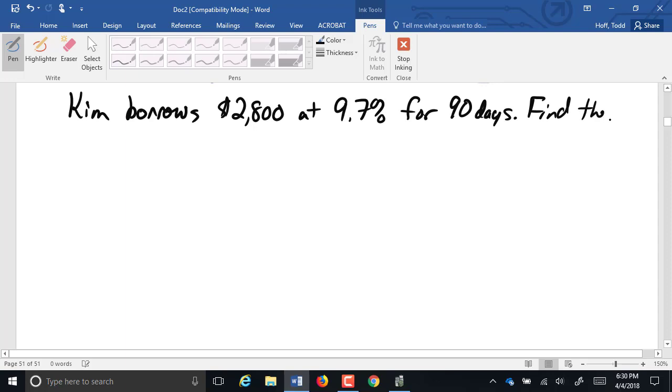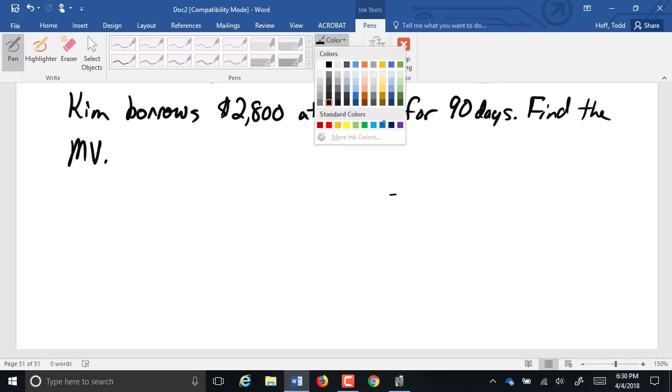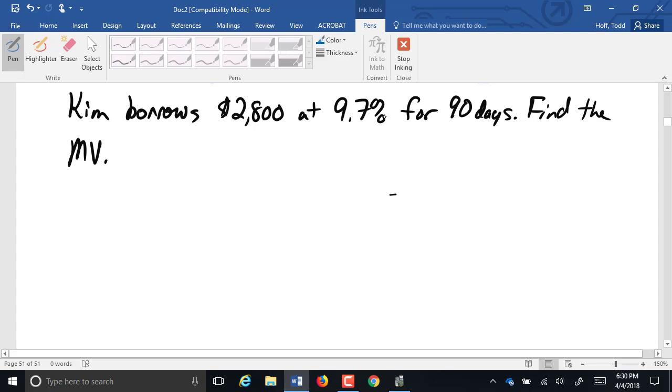Find the maturity value. Now, the amount of interest is still I equals PRT. What is P here?